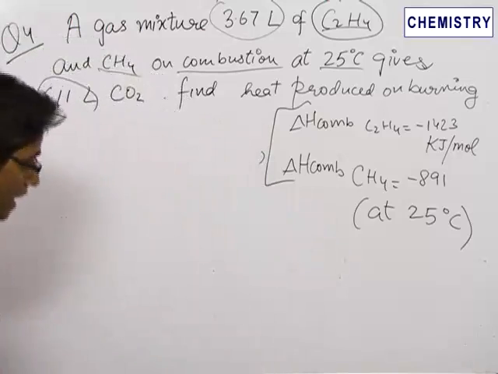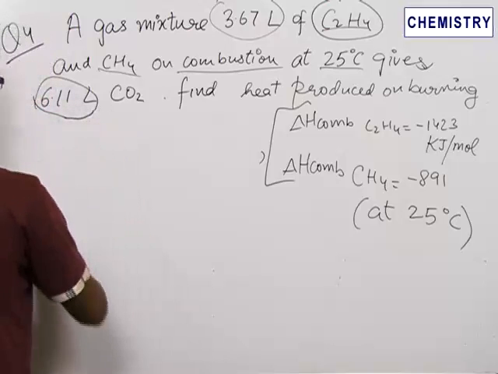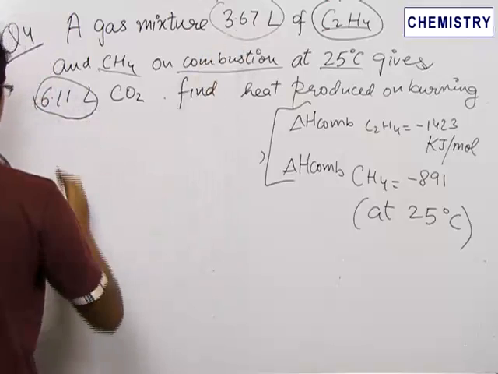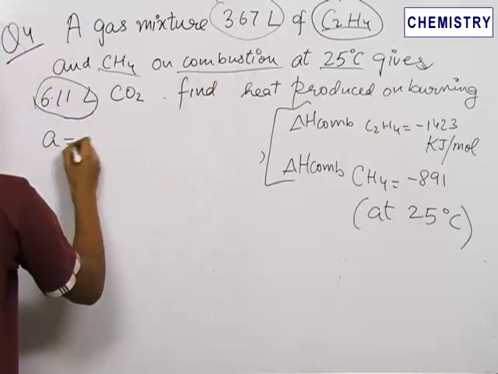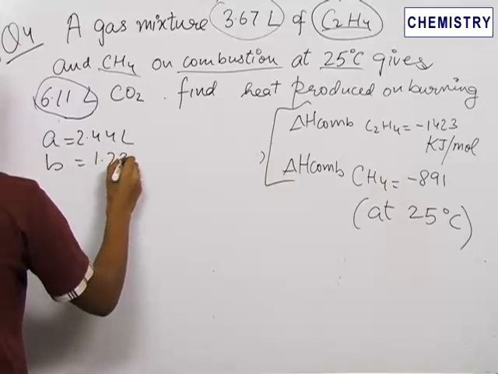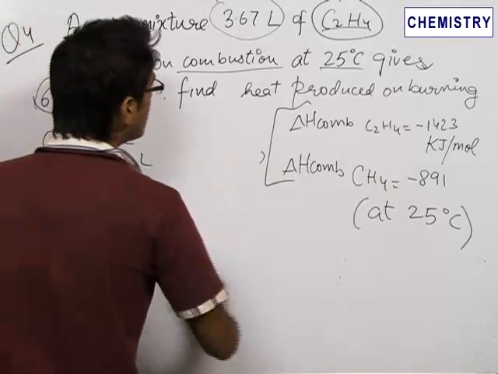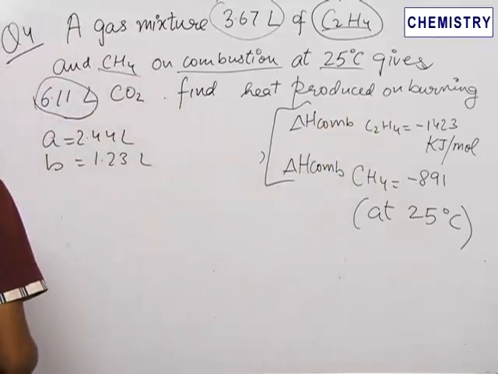we get the values of A and B, or the volumes of C2H4 and CH4 in the 3.67 liters of sample to be equal to A equals 2.44 liters and B equals 1.23 liters. Now we need to find the amount of heat produced on burning the 1 liter of this mixture.